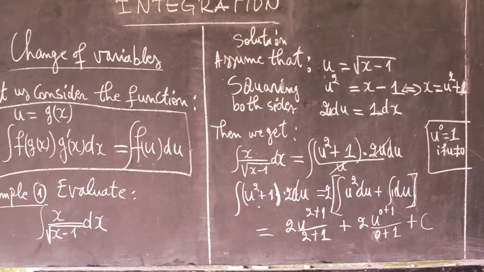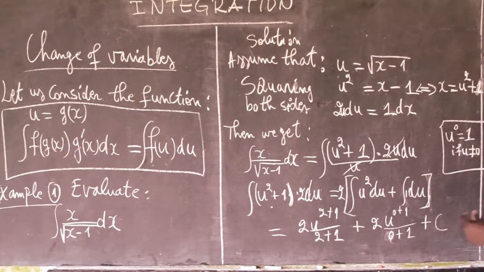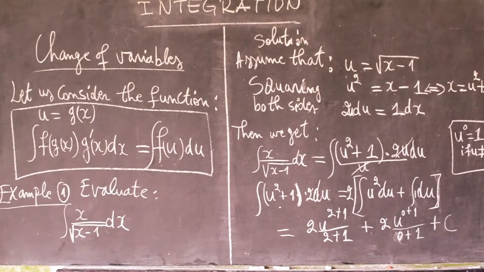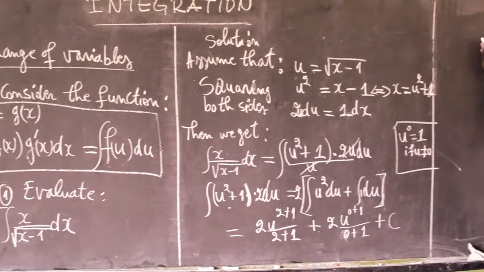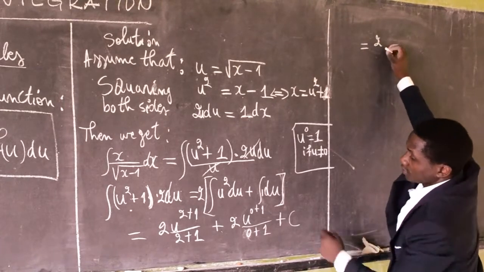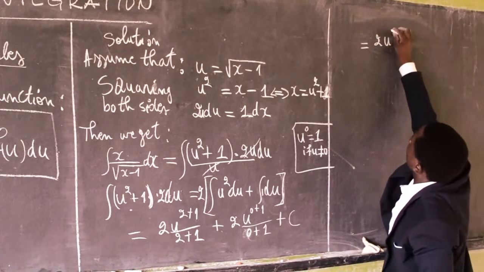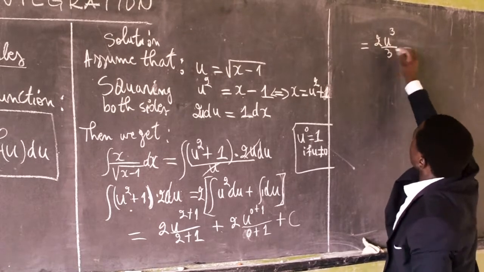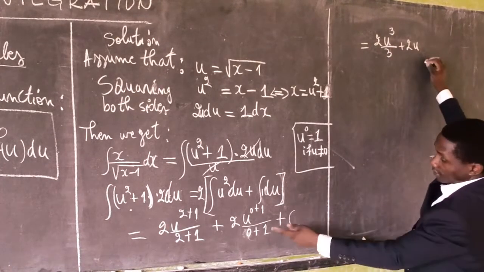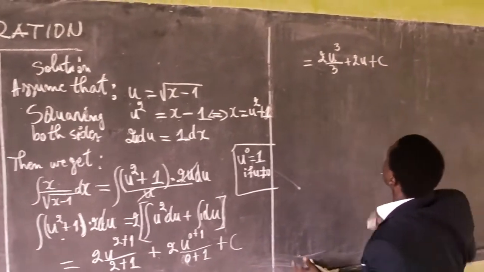Okay, from this step, we need to continue by simplifying. So when we simplify, we get the following. We get 2u power 3 over 3, then plus 2u, then plus c.